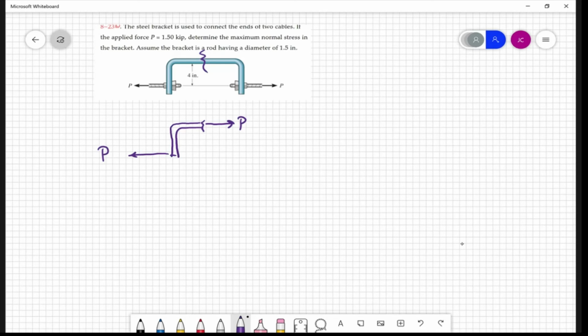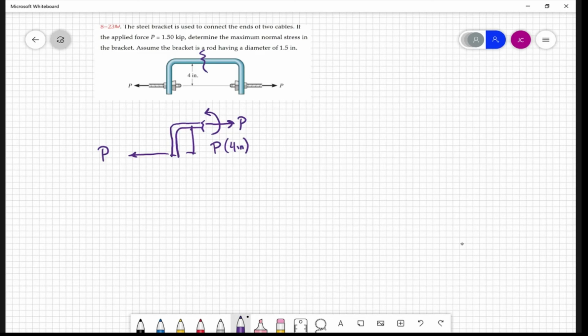But also because it's offset by the 4 inches, for this to be in equilibrium, the way this is drawn here, there's a moment kicking counterclockwise. So there needs to be a bending moment going the other way, and its value is going to be P times the 4 inches. That's the moment.